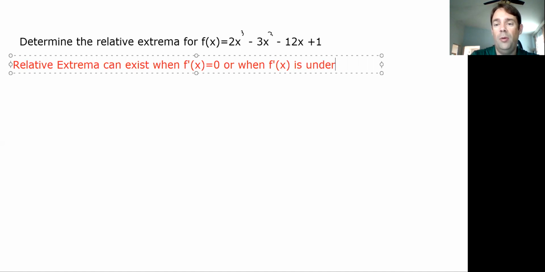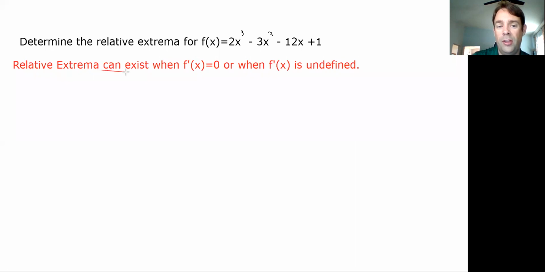So I'm just going to set it up, it's a little bit different sentence than I've used before. It still will work. Notice, the biggest change is I didn't say will exist this time. I just said it can exist. So it gives me permission still to deal with the first derivative and then set it equal to 0 to find those critical numbers. I didn't say will exist because I didn't talk about it changing signs. I just said it can exist, so I can write one sentence instead of two.